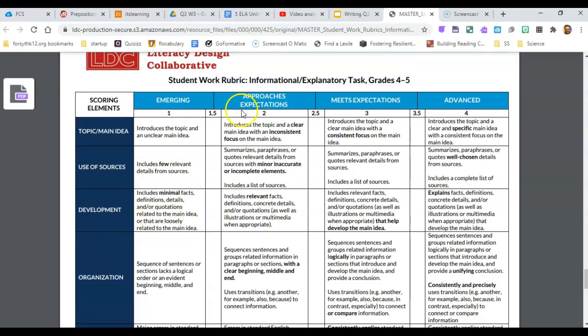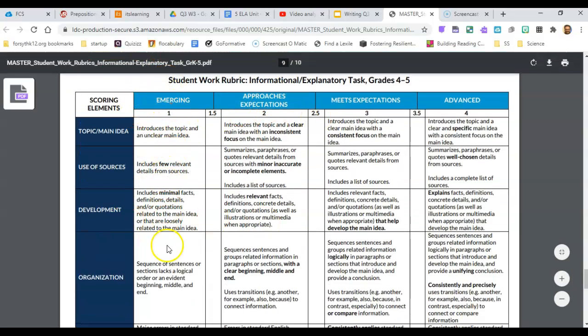And so as this goes, you have emerging, which is a 1, a 1.5, a 2 for approaches expectations, 2.5, 3 where you meet expectations, 3.5, and 4 where it's advanced. So to get full points. And so this is kind of a continuum.